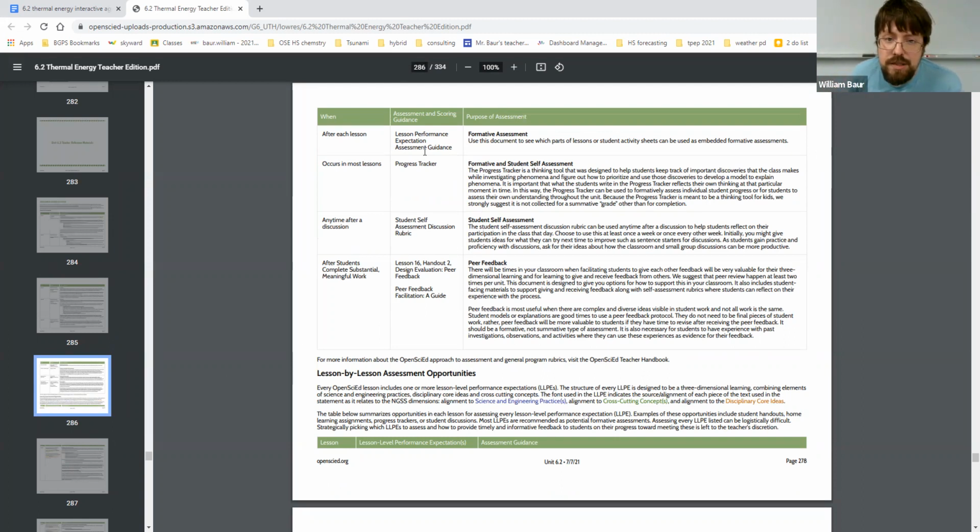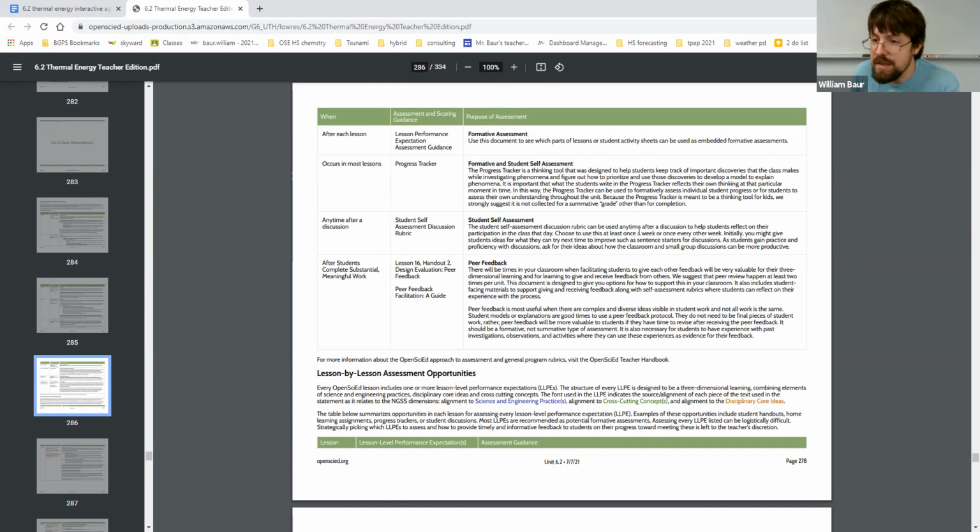You can look at each teacher guide and see what the performance expectations are, and see if the students are meeting those. There's also a progress tracker, which students keep. Sometimes it's referred to as the model tracker, where students summarize what they learned after each lesson.